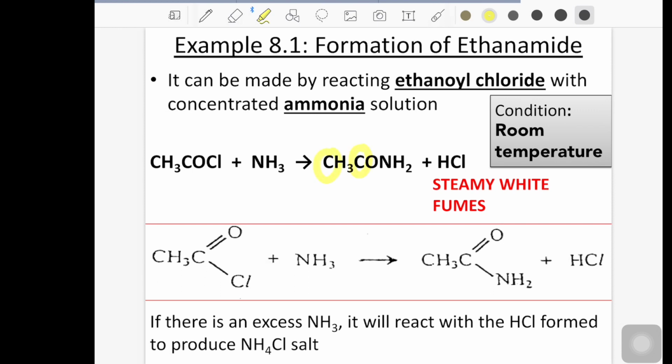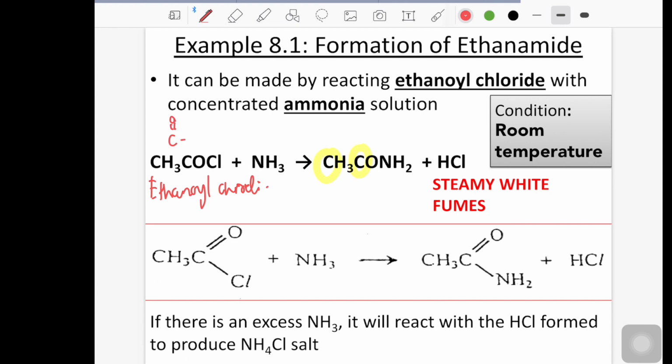So the easiest one is to choose an acyl chloride with 2 carbons, and we name it ethanoyl chloride. You react it with ammonia, and then you will get that product, CH3COCl.